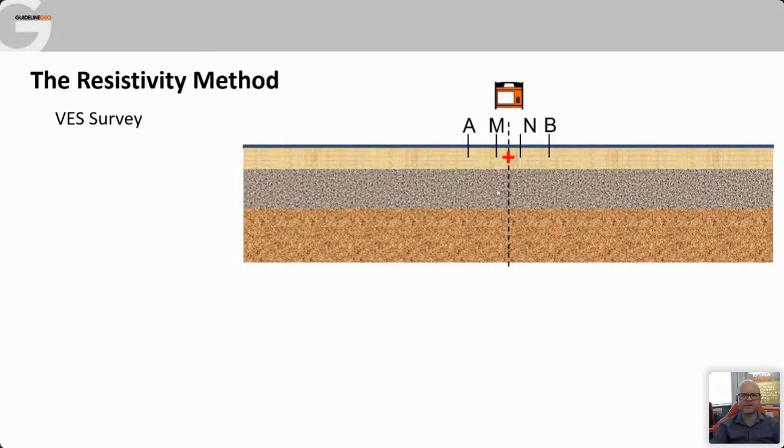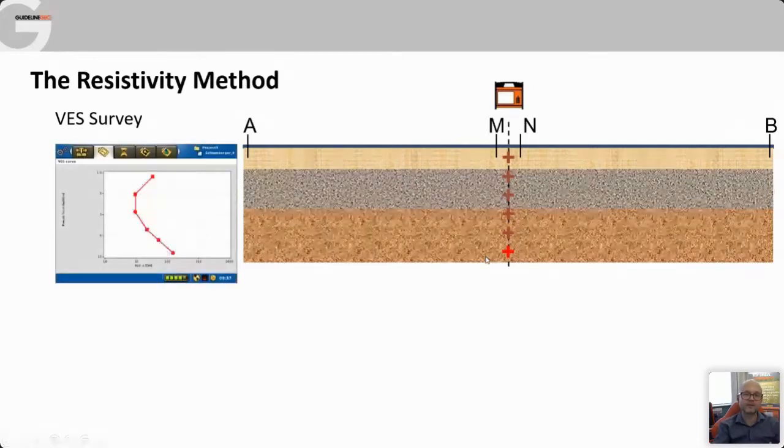And what we can do in a VES survey is gradually move our current injectors, those are the ones labeled A and B, gradually move those further and further apart. And as we move them further apart, the focus position, that area of highest sensitivity, moves deeper and deeper into the ground. And so gradually we're going to build up this one-dimensional picture of how the resistivity varies beneath the center of those 4 electrodes.